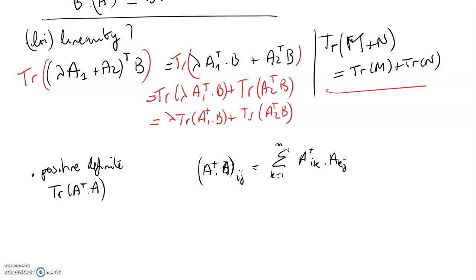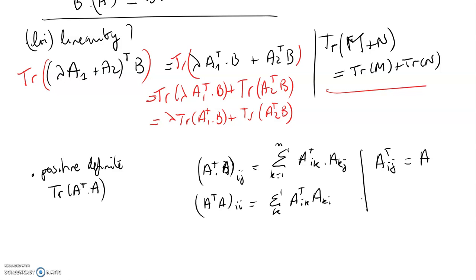Now if I take the elements on the diagonal, that would be A transposed ik, aki, but the A transposed ik is of course the ki coefficient of the non-transposed matrix.